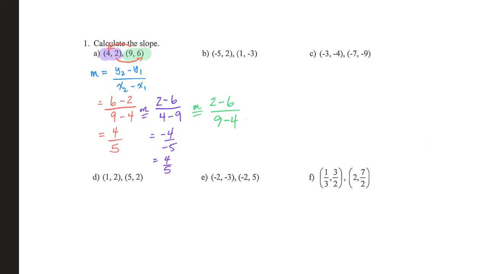That would be me almost creating this formula: y2 minus y1 over x1 minus x2. And you notice that I'm not subtracting in the same direction. So we just have to be very careful. As long as we subtract in the same direction, then we know that we're good.